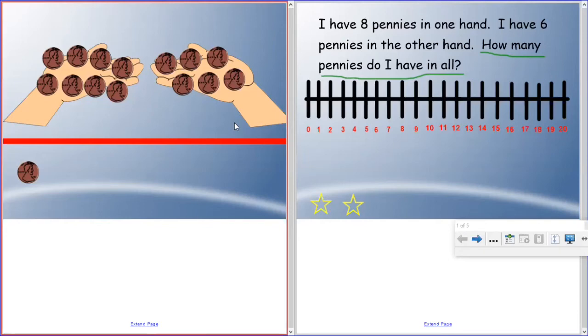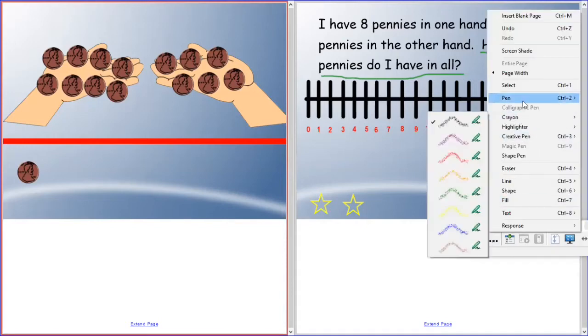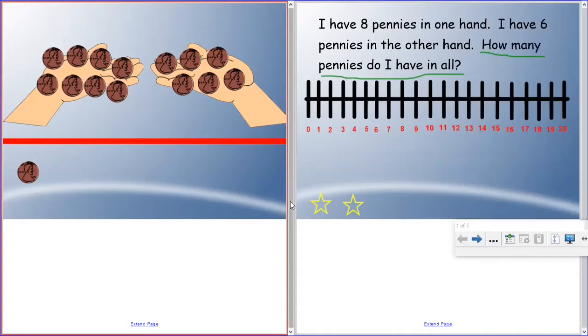Now let's go back to the question. How many pennies do I have in all? Well, it wants me to count how many pennies, but it wants me to count all of them. So that tells me I'm going to join the sets together. I'm going to get a pen and join the sets together.